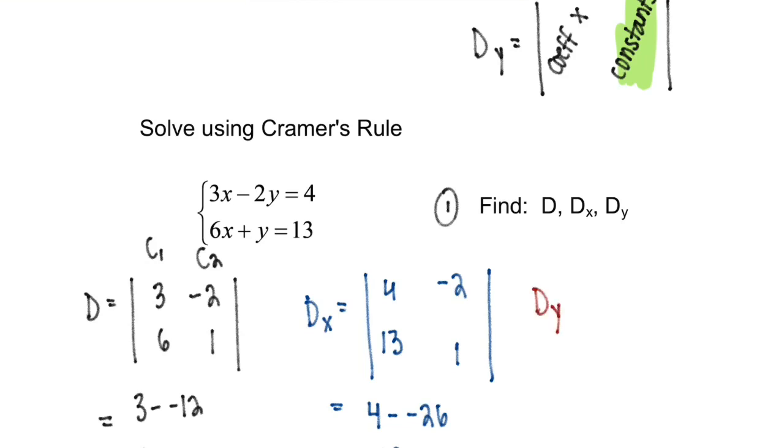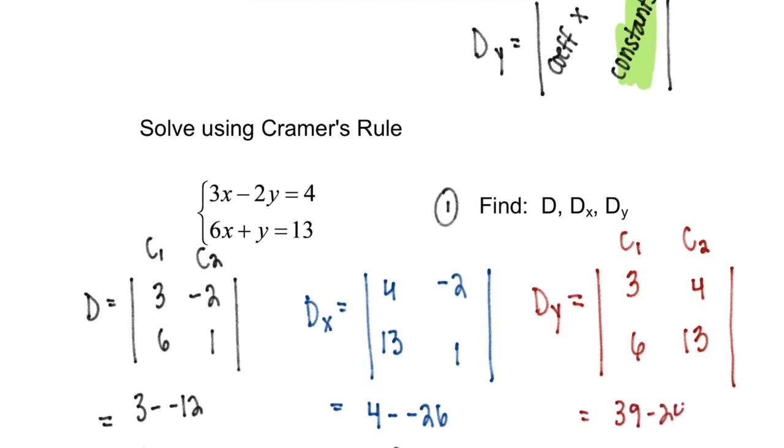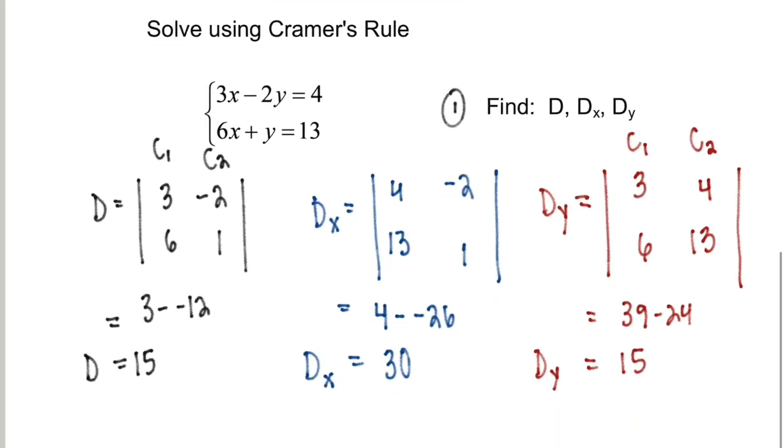Then we have the determinant of y. Since we're finding y, the constants take the column which normally represents the coefficients of y, but the coefficients of x remain. 39 minus 24 is 15, and that's the determinant of y.